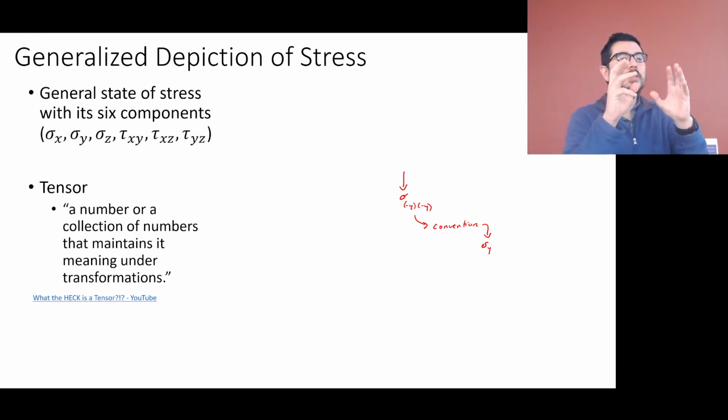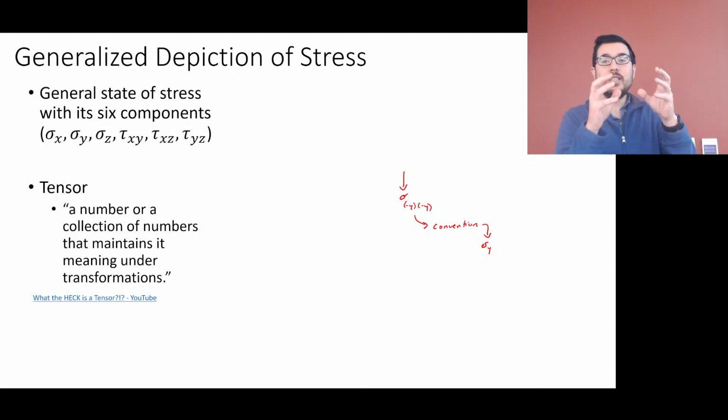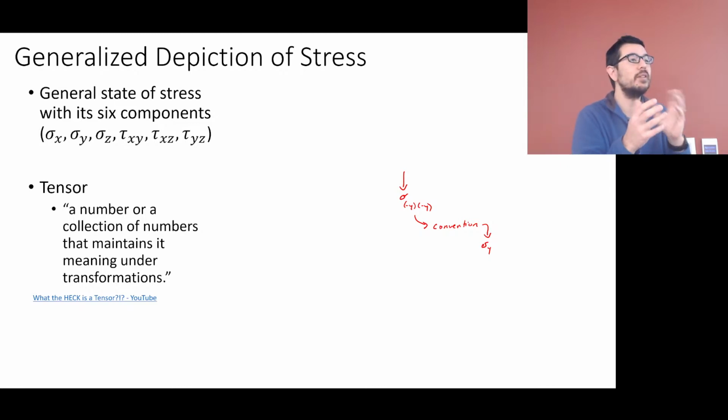Well, what if we say, I'm just going to rotate my cube a little bit? I'm going to leave it at the same point, but I'm going to rotate it. You're like, why in the world do you want to do that? Well, sometimes the state of stress is more conveniently described at a different orientation. That's like, how do you pick your Cartesian coordinates? This is like, how do you pick your orientation for your material element?